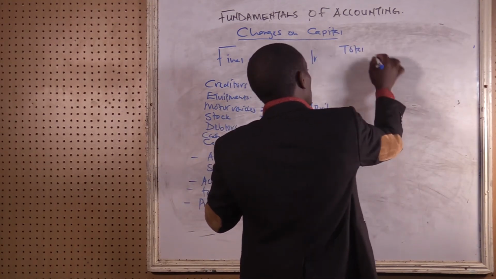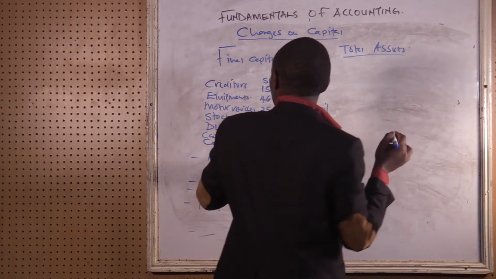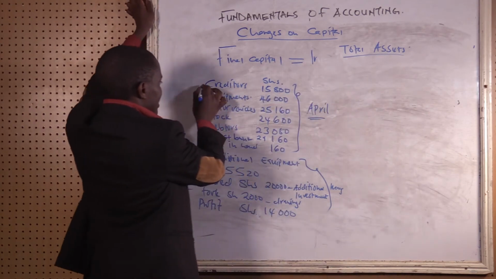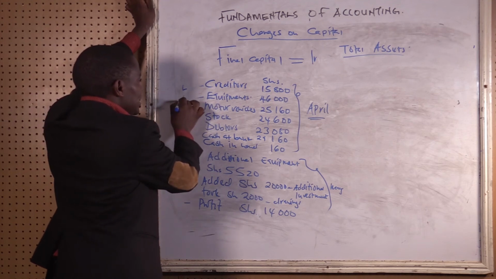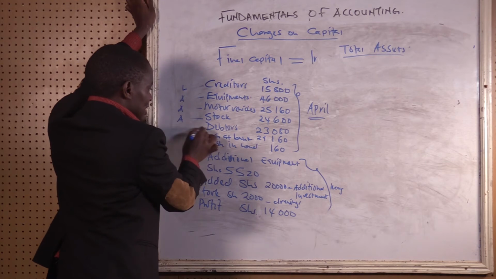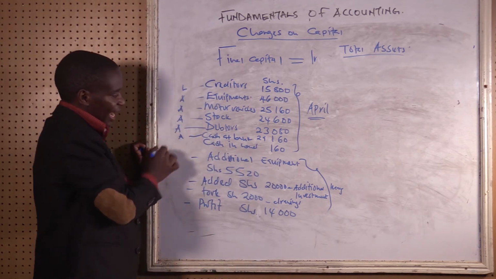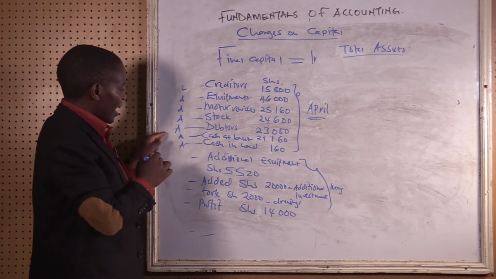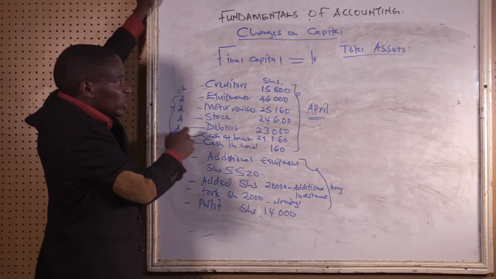We can start with total assets. Creditors represent liability, while equipment, motor vehicle, stock, debtors, cash at bank and cash in hand are all assets. We shall add all of these so that we get the total assets.